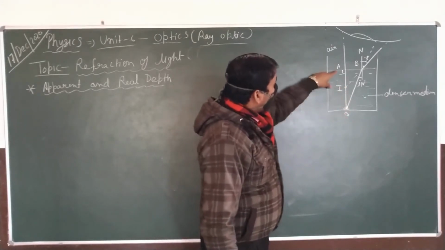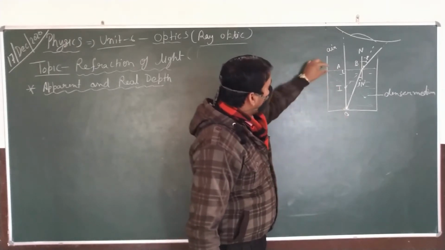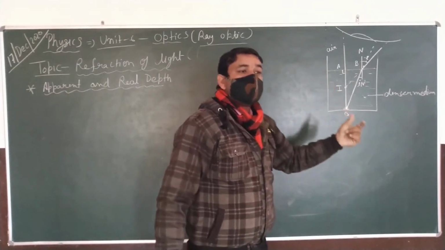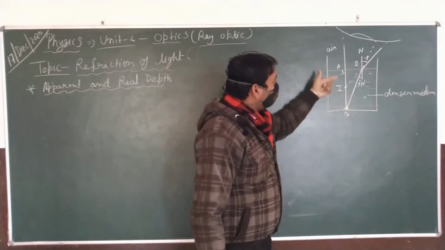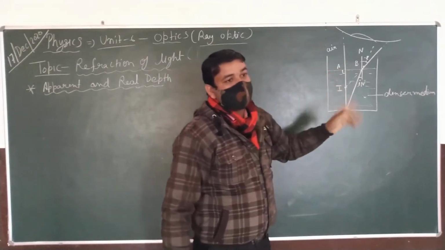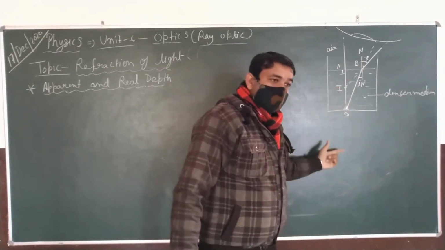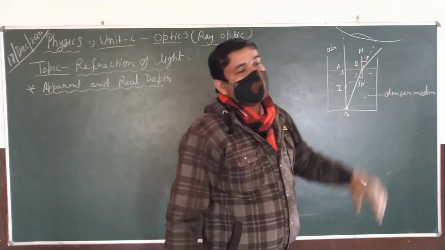So here AO is the actual height and AI is the apparent height. We need to derive a relation between the apparent and actual height, in the form of its height and in the form of the speed of light.